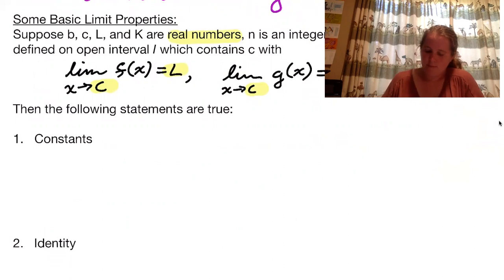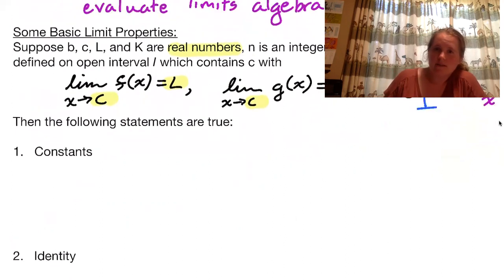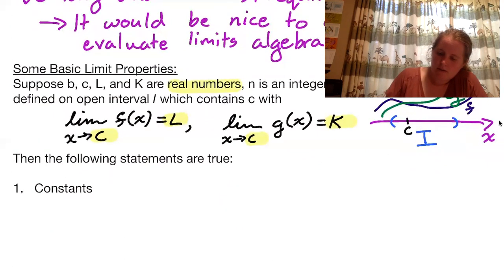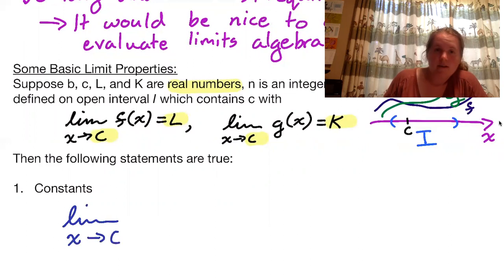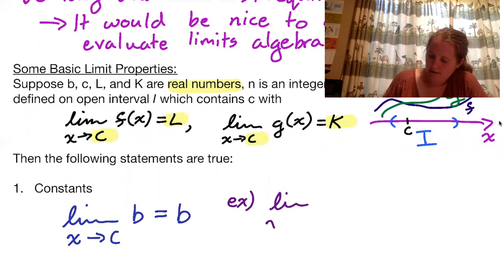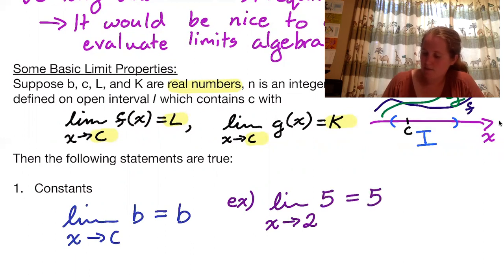So first up, we have for constants that the limit as x approaches C of the constant function B is simply B. So for example, the limit as x approaches 2 of the constant function 5 is simply 5.